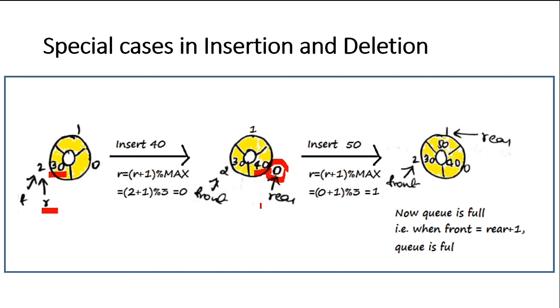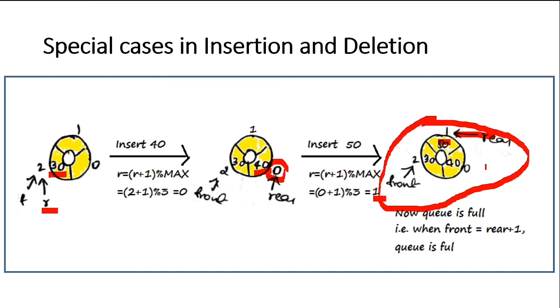Now once again, if I want to insert 50, what will happen? Rear is equal to rear plus 1, that is 0 plus 1 mod 3 is nothing but 1. So rear is pointing to 1 now, and insert the element 50 at 1, right? Now if you see this particular case, Q is full, right? We have all the elements filled.